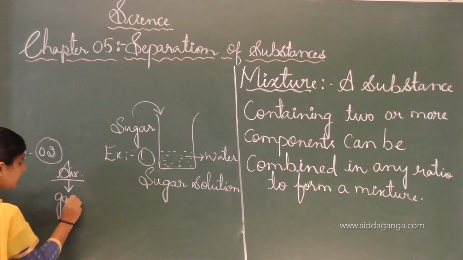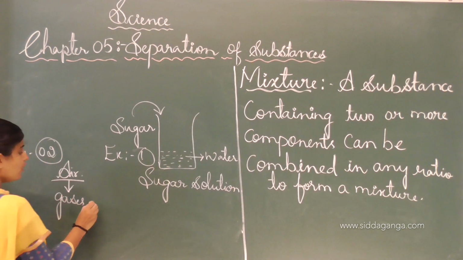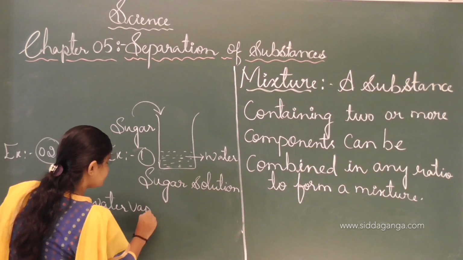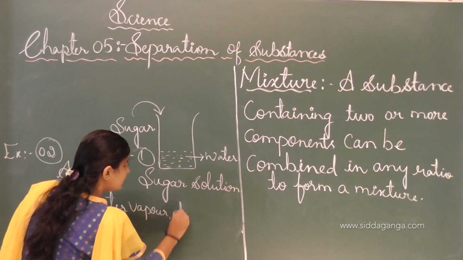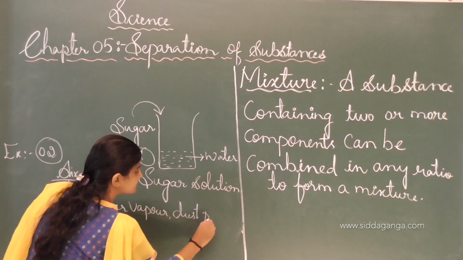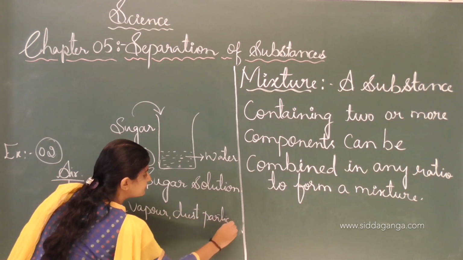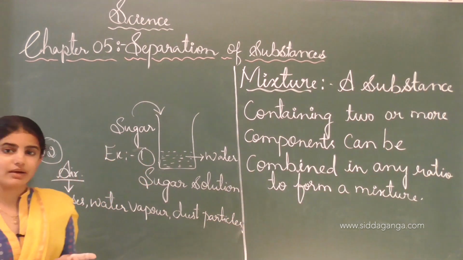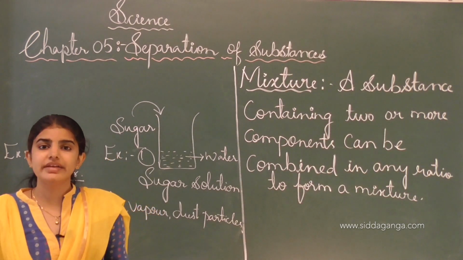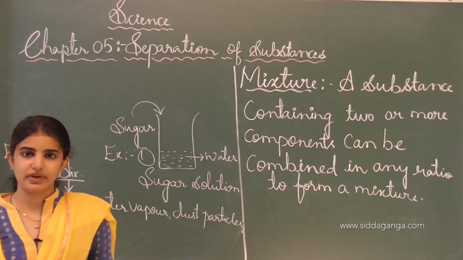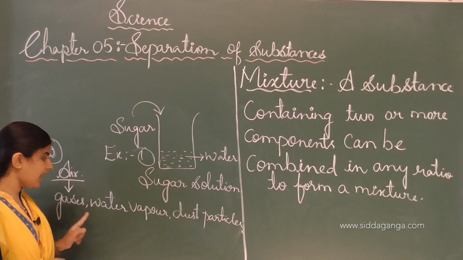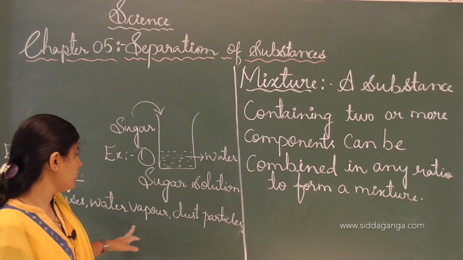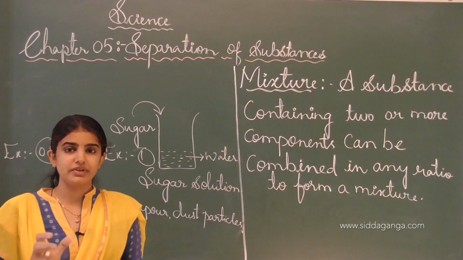Air contains the gases and the water vapor and the dust particles. Water vapor means moisture, which is also contained in the air. And dust particles are also present in the air.